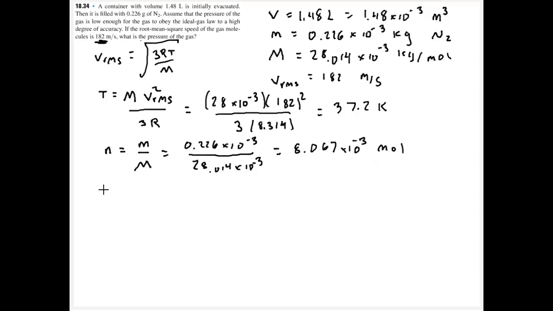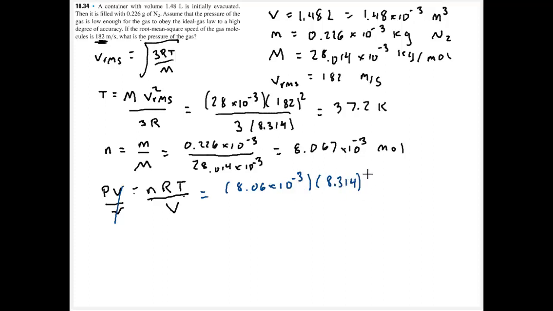So lastly, I'm going to write my ideal gas law. PV is equal to nRT. Now I've solved for n, I've solved for T. Simply divide both sides by volume, and volume is going to cancel out for me right here, and I can say my number of moles, just calculated that, 8.06 times 10 to the minus 3. Got my value for R, 8.314 joules per mole Kelvin.